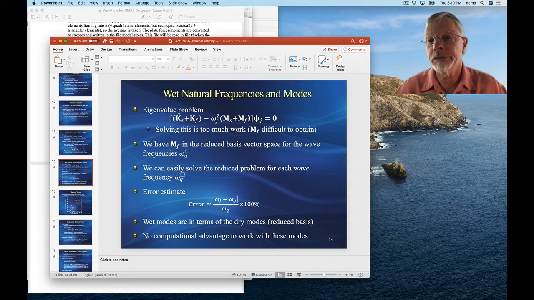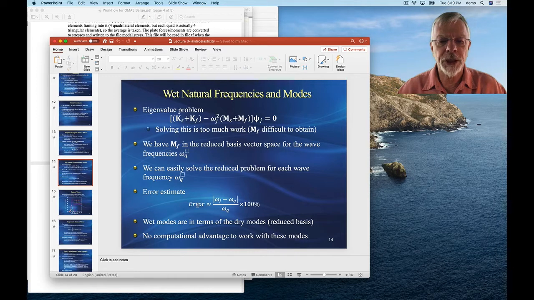So there's 18 eigenvalues and mode shapes for each frequency. And we look at the eigenvalues that we calculate, and we see how close they are to the wave frequency on which Mf was calculated for each of these 67 wave frequencies.